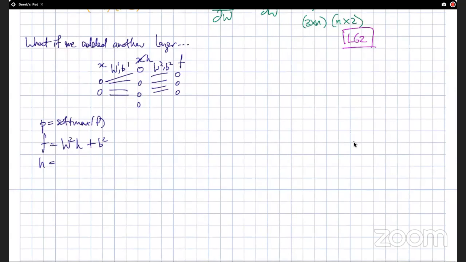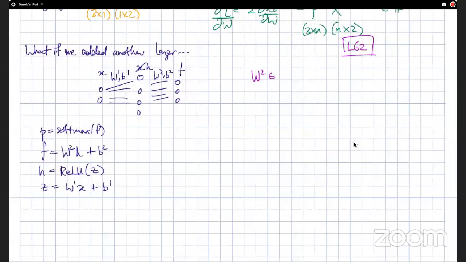It probably helps to have some of these dimensions. W2 is in R^(K by H). Remember, K is 3. B2 is in R^K. W1 is in R^(H by D). B1 is in R^H. D equals 2. Okay, so straightforward. Everything's good.